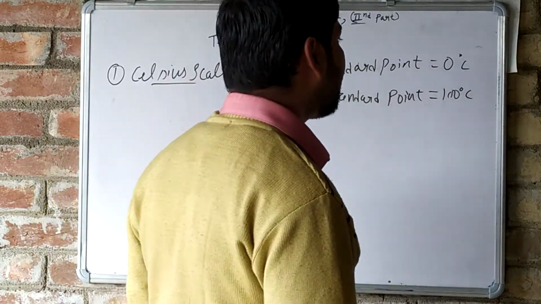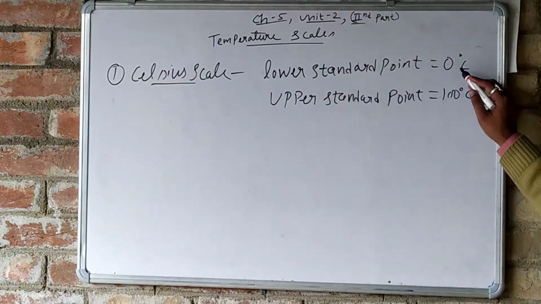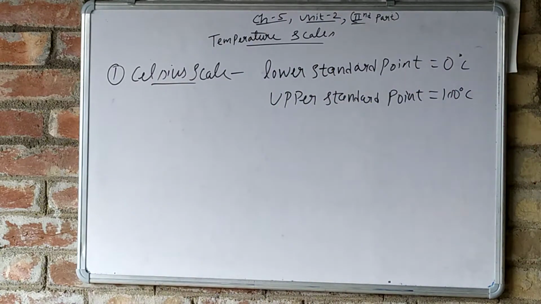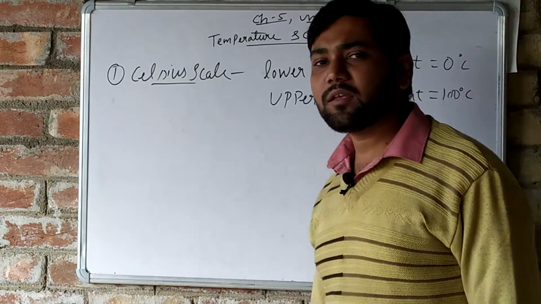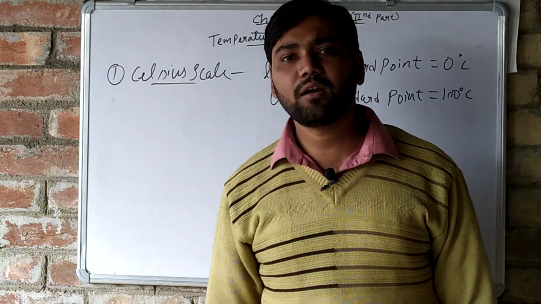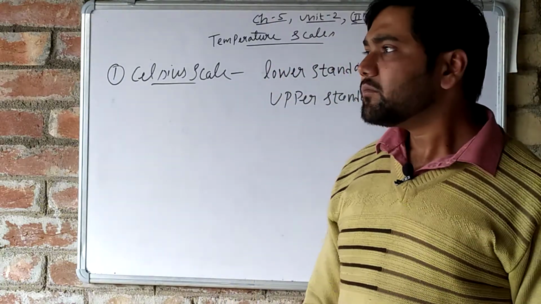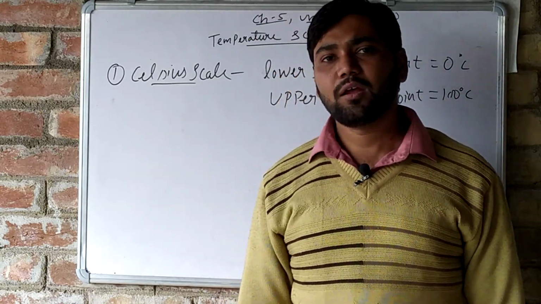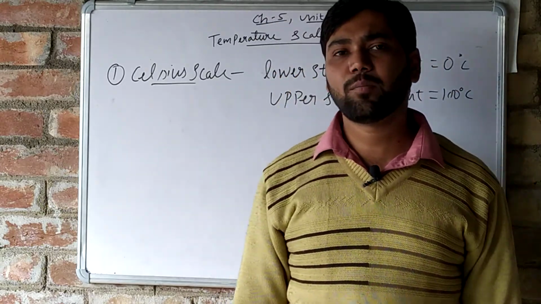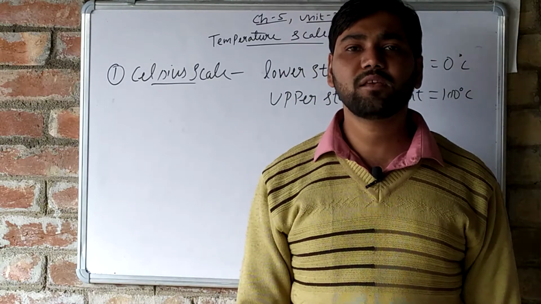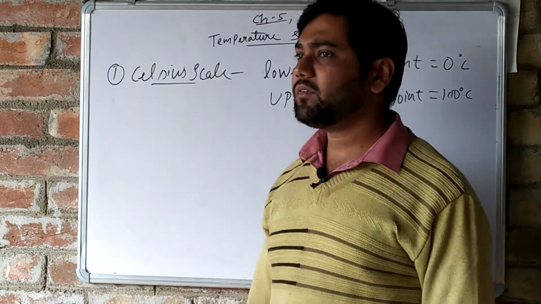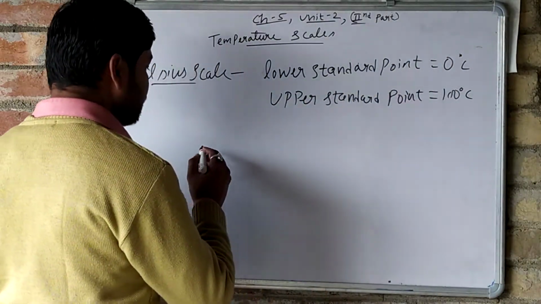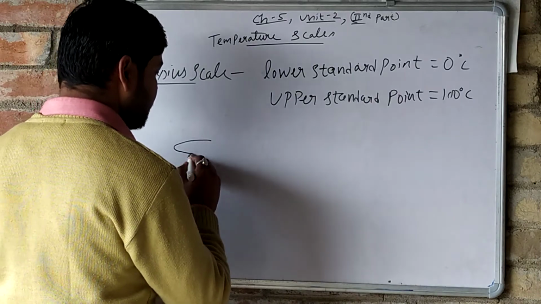So the lower standard point of the Celsius scale is 0 degree Celsius and the upper standard point is 100 degree Celsius, and the scale is divided into 100 equal parts, measuring 1 degree Celsius each.